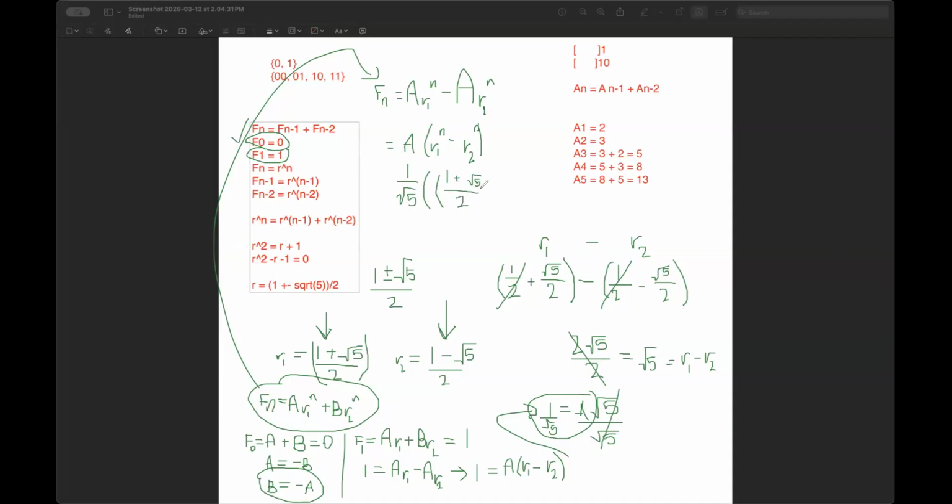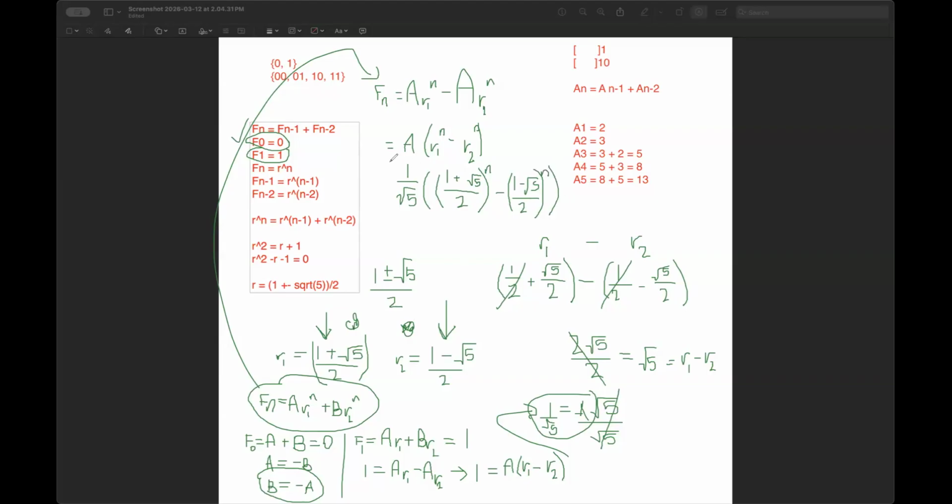Right, so that's r sub 1. All of that to the n minus, and then now I have to do r sub 2. That's going to be 1 minus root 5 over 2. And again, those values are what I got over here and over here, right? So those are being plugged in. And that is also to the n.